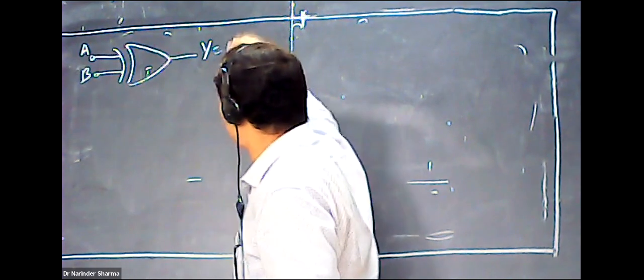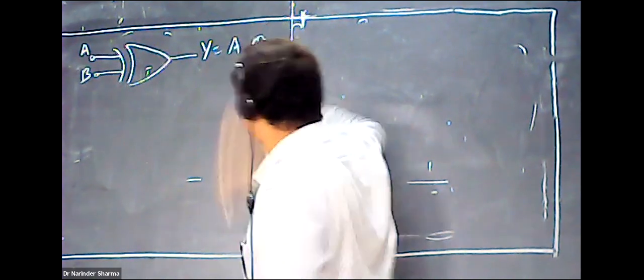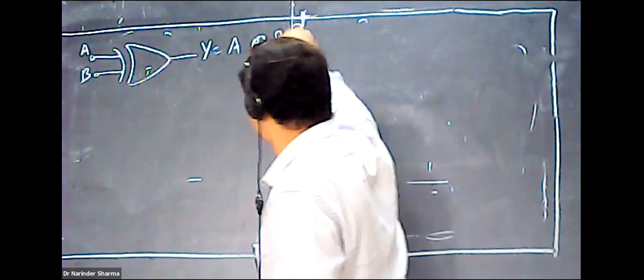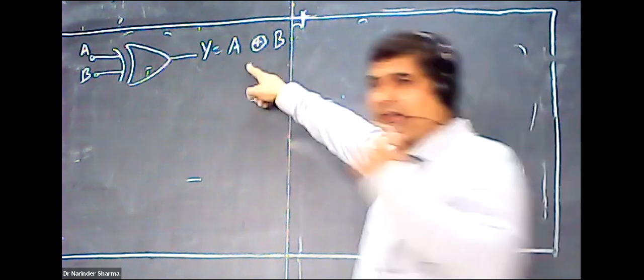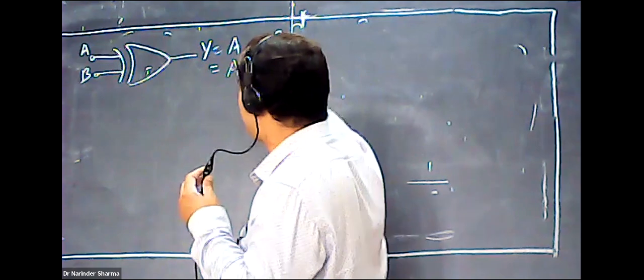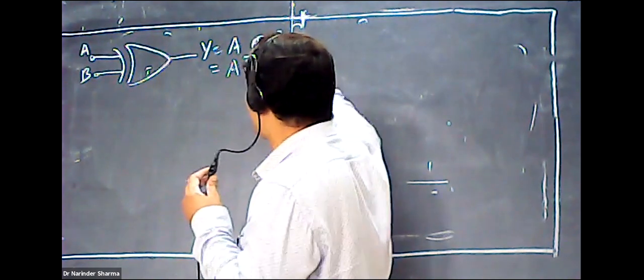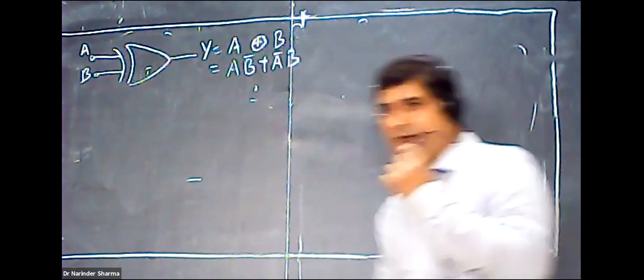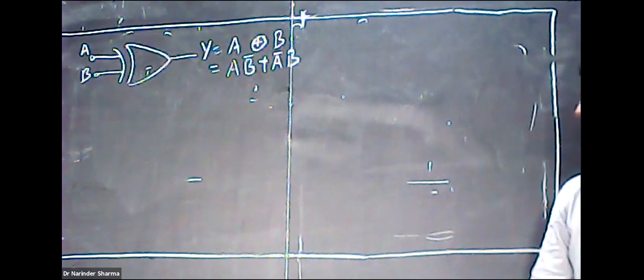Output Y is equal to A encircled plus B. This is the notation of the XOR gate, and its output can be written as A B bar plus A bar B.